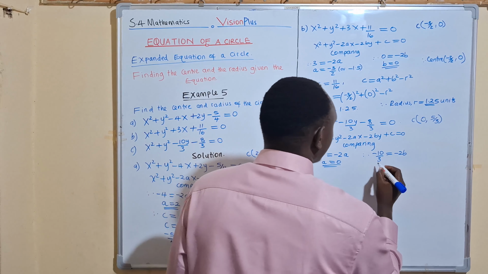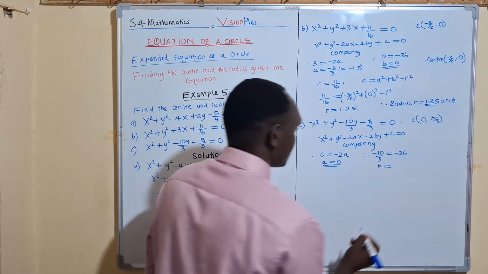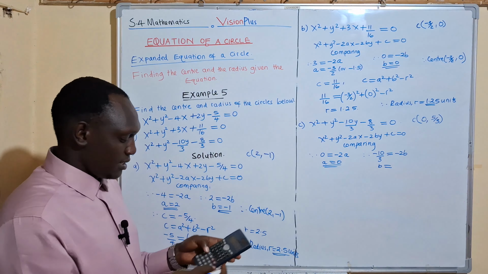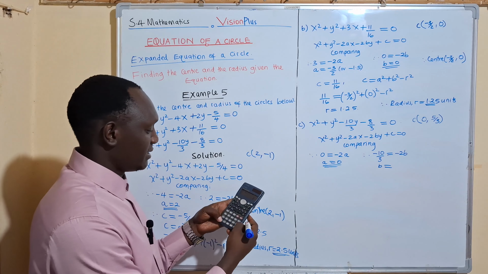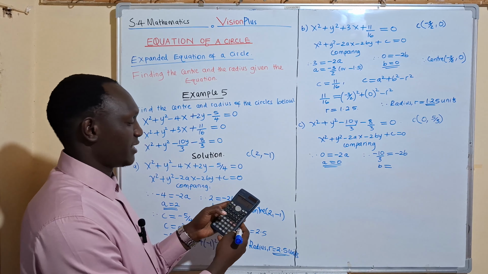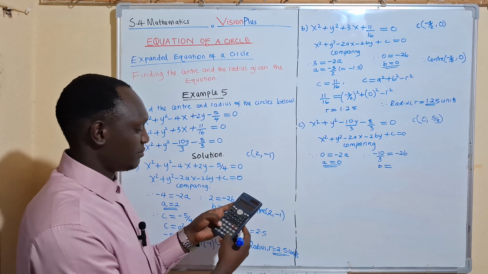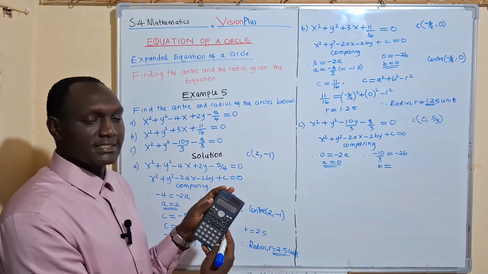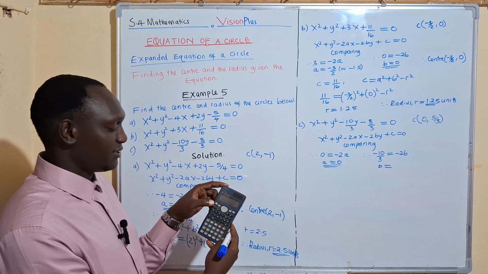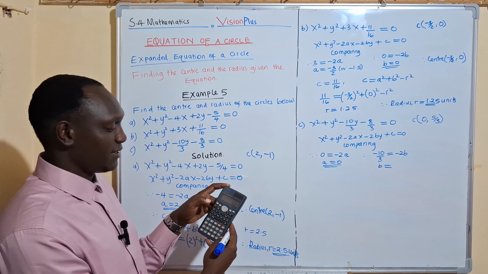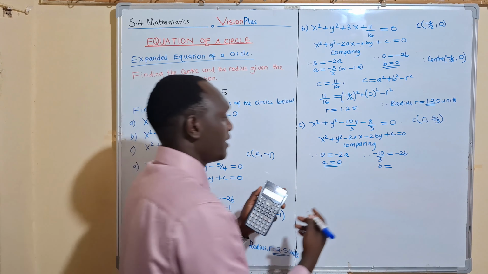So negative 10, there's the calculator, open bracket, negative 10 divided by 3, close the bracket. But we are dividing that answer by negative 2. There is equal sign. I'm getting 1.6666 recurrent. Change the fractions. Shift and ABC. We shall get 5 out of 3.